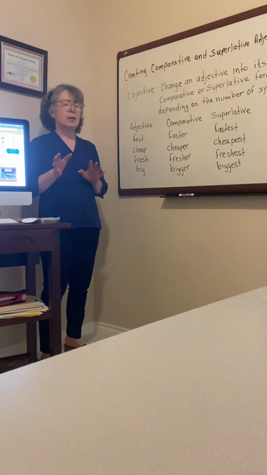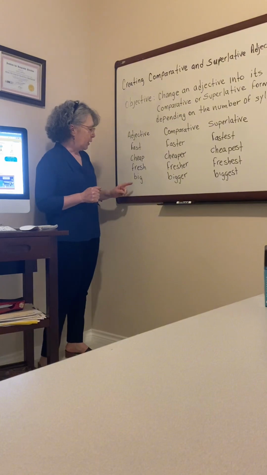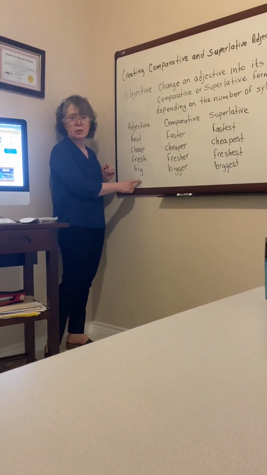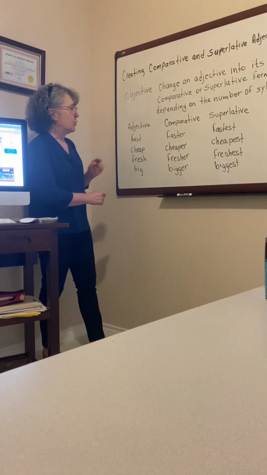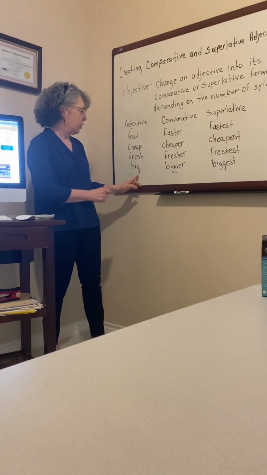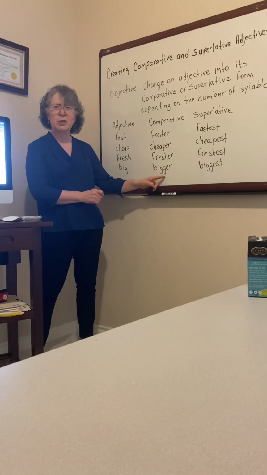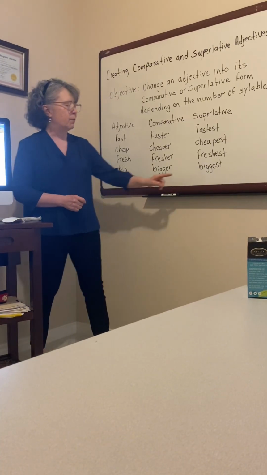Okay, so listen, when we have an adjective like big, we have a vowel between two consonants, and this is one syllable. To make the comparative and the superlative, we have to double the consonant. In this case, we're going to double the G. Big, bigger, biggest.